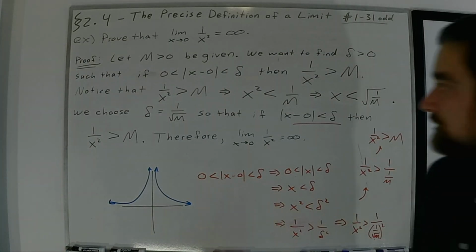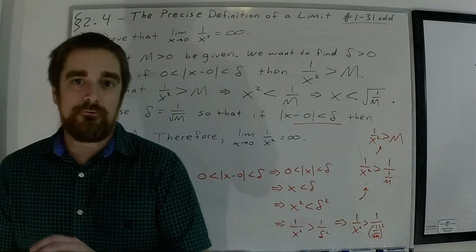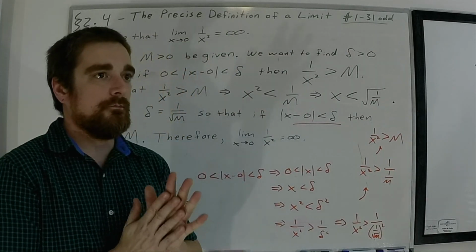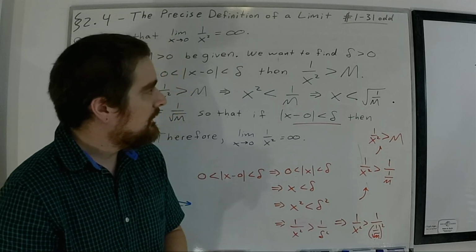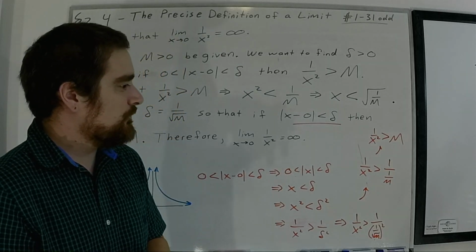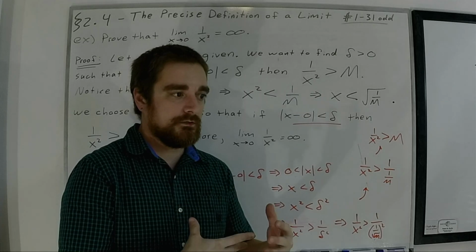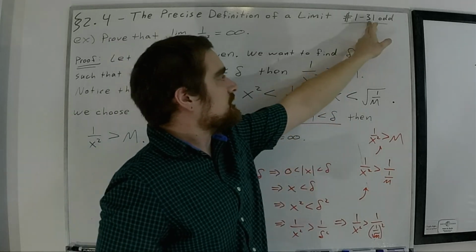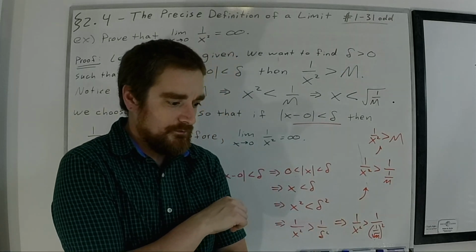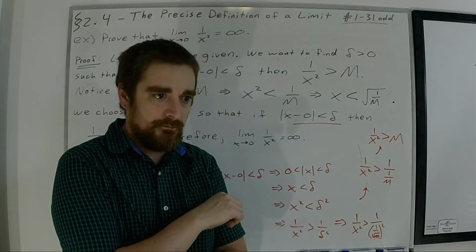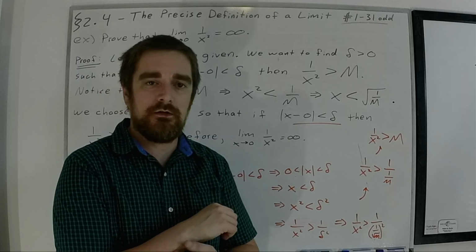And that's it. That's really all I wanted to walk through in this section. Just doing a couple proofs, maybe more than a few proofs, in order to get you guys hopefully a little comfortable working through these. Now the section says to do 1 through 31 odd. This is one of those cases where it may take a bit more practice to get used to it.